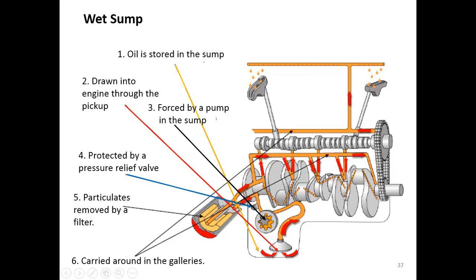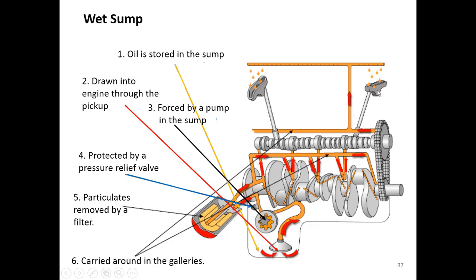For example, in the crankshaft and the camshaft here, the lubrication oil flows internally in the oil gallery. This is the oil gallery, inside the shaft. So it internally lubricates the bearing on the shaft here, and also on the camshaft.